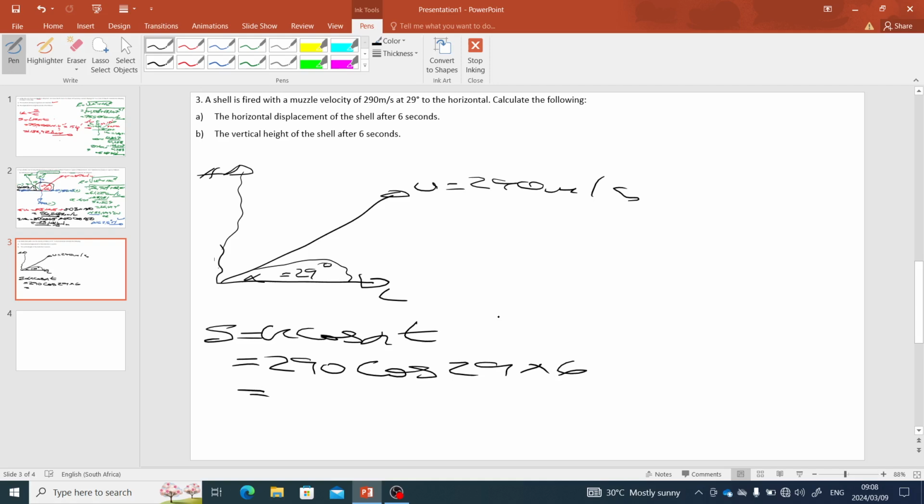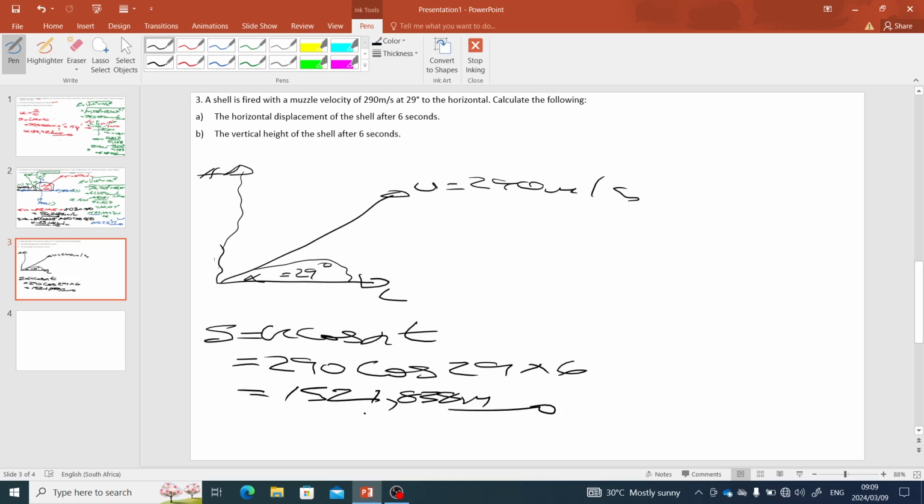Then we get our displacement as 1521,838 meters. Right, that's what we got there.